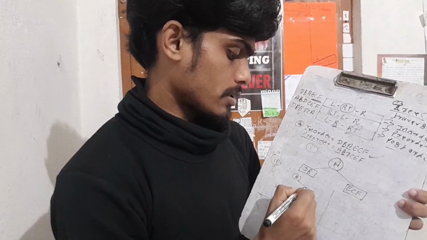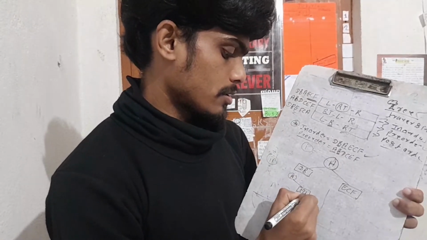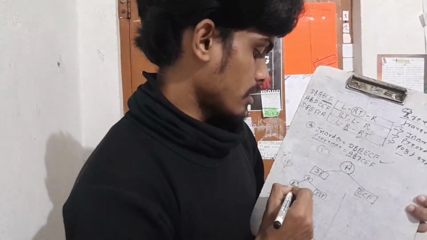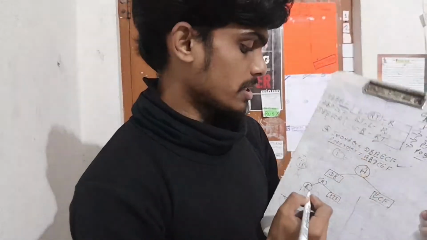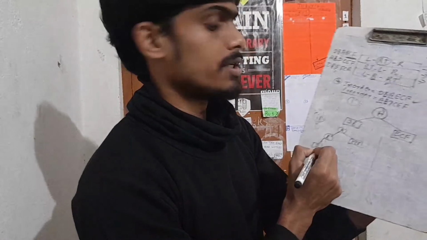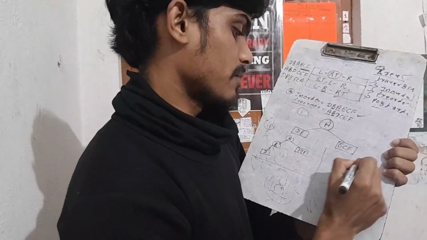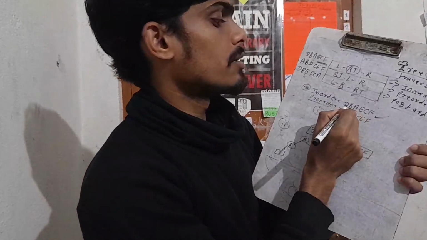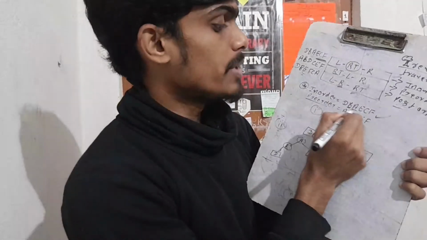Now we will write here similarly, a, and here is b, and the right of b, what is d? So here we will write d. Now again d. What is the right of d? b and a.